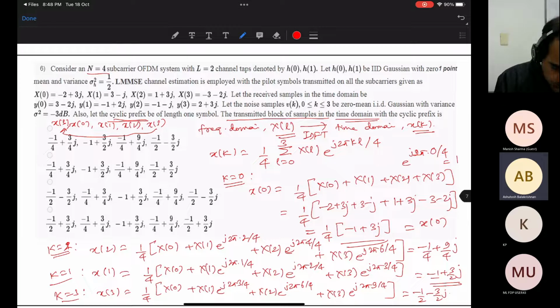So this answer is C. If you see, we computed for k equal to 3, right? Minus 1 by 2 minus 3 by 2j. So this is my first block because it is the cyclic prefix block, right? And after that we have minus 1 by 4 plus 3 by 4j, which was my x0.